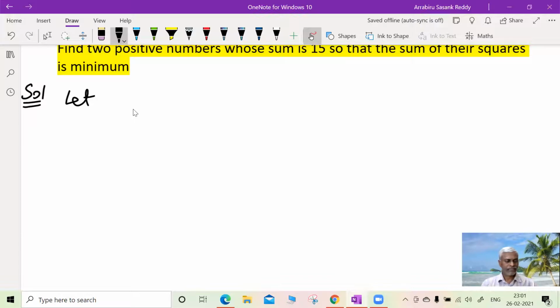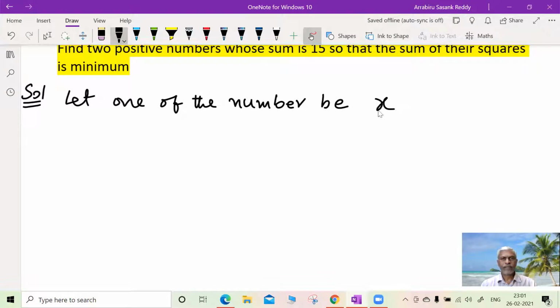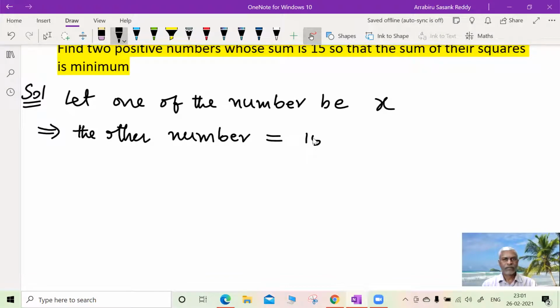Let one of the numbers be x and the other number becomes 15 minus x.